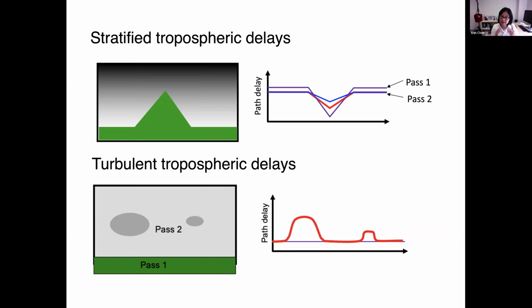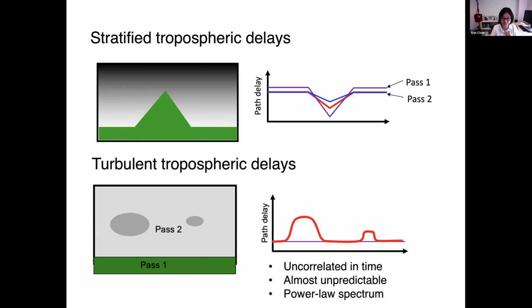If this is your dominant noise, then what I have found is that these existing weather model-based corrections are not going to be very reliable, and you would have to feed this into a time series and perhaps employ temporal filtering, because you recall that this kind of turbulent noise is uncorrelated in time, so it tends to jump around in the time series. Hopefully, if you have a very noisy time series, there are ways to do some kind of model fitting to remove some of those jumps and get the underlying trend, or maybe a transient signal.